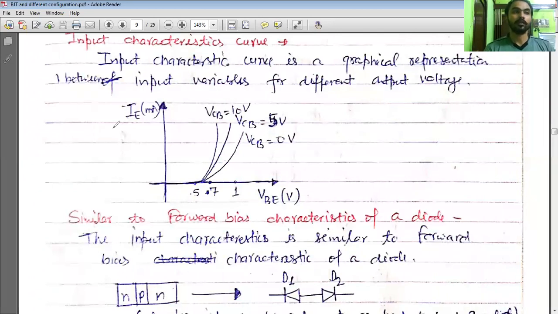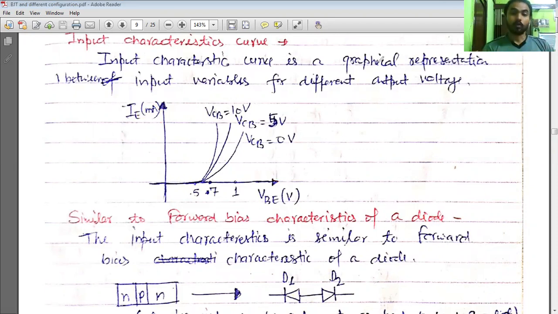See that the y-axis is current and the x-axis is voltage. The input current is IE and the input voltage is VBE. Voltage will be in volts and current will be in milliamperes, because this is current due to majority charge carriers.